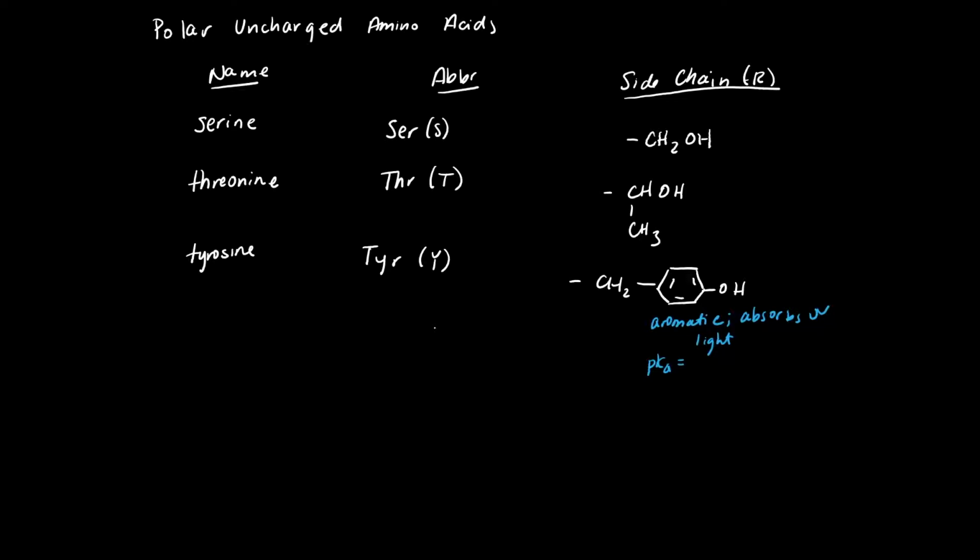And this is the first one that we have a pKa value that you'll want to know. So the pKa for this hydrogen attached to the oxygen is 10.9. So most of the time, this will be uncharged.